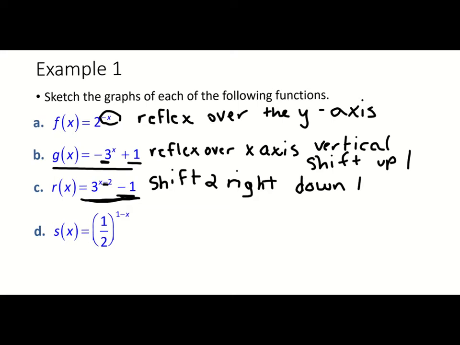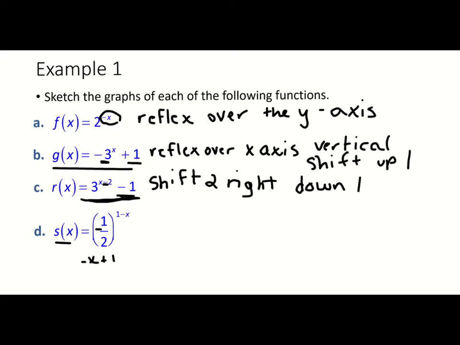All right, and then D. We have s of x equals 1/2 to the 1 minus x power. Now, really, they did 1 minus x. We can think of it this way. You can, if you want, rewrite it. Make it negative x plus 1. I think it's a little bit easier to read. Because you have that negative x, and the negative is with the variable, not with the 1/2.